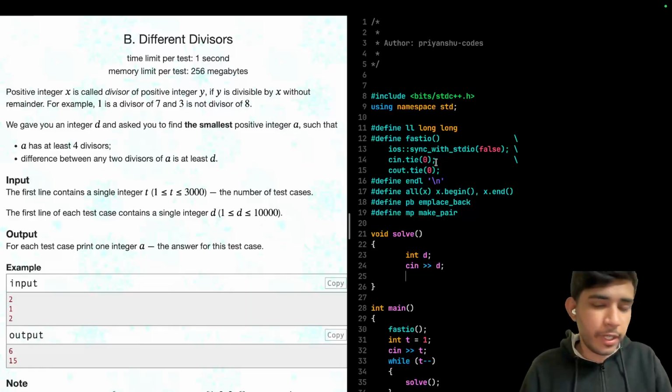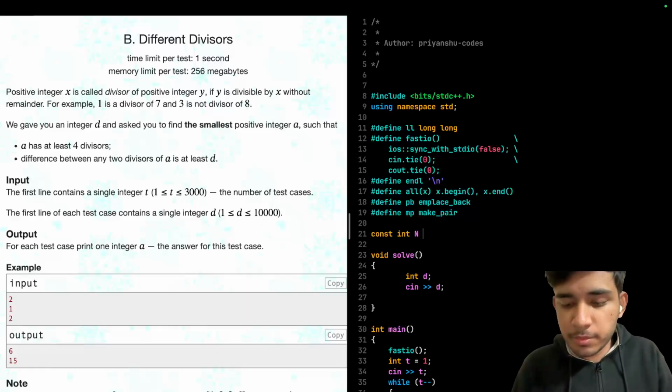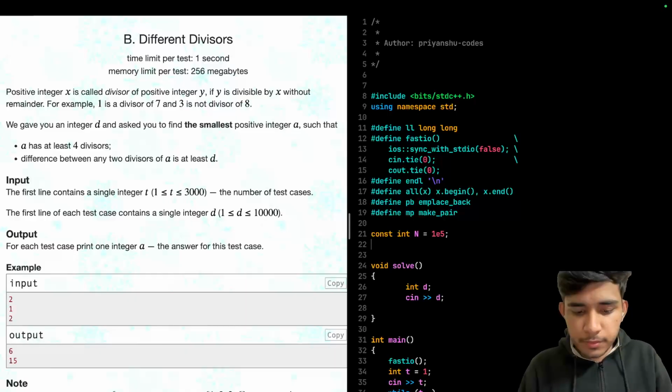Then put in the value of d. Then we will build a prime array, let's name it primes.